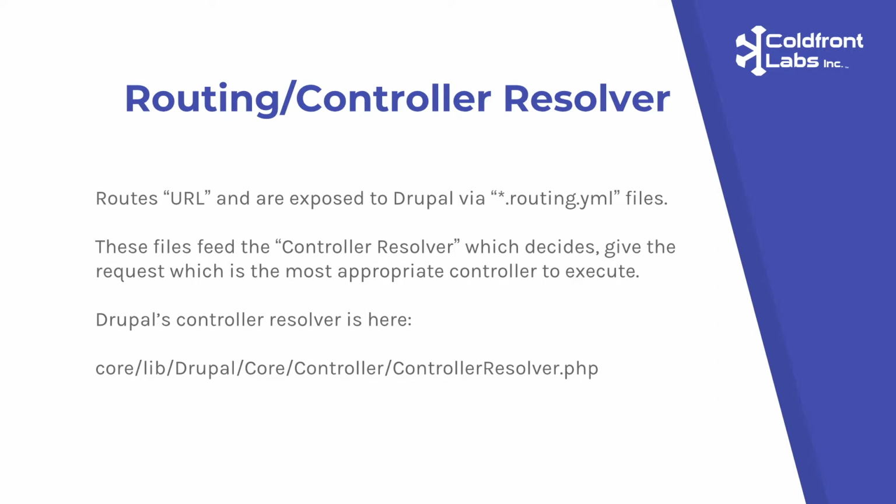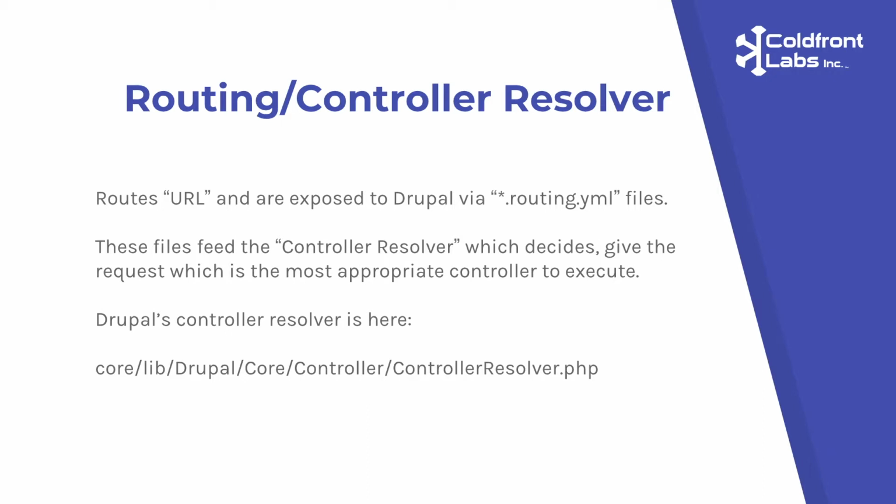And then the routing controller will say, hey, I've got a list of controllers that go with the following paths. And you can just use that list to figure out which controller needs to start. And that is sort of most of the controllers in Drupal, sort of a good section of the controllers in Drupal will operate that way. And those are exposed to Drupal from Drupal itself and from other modules in the routing.yaml file.